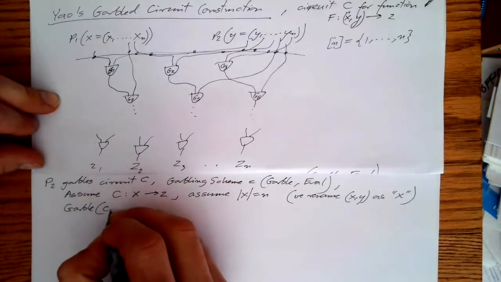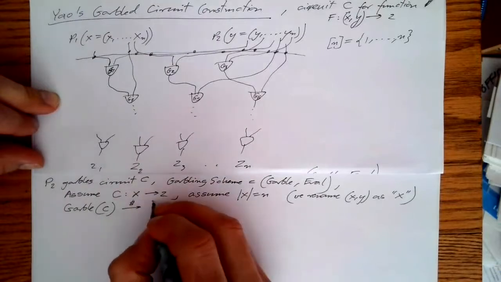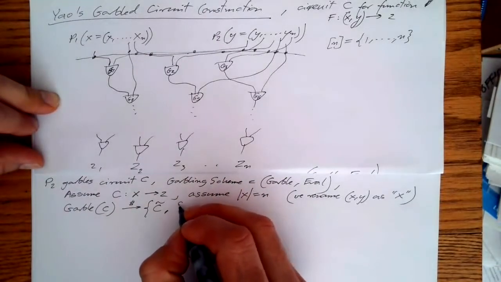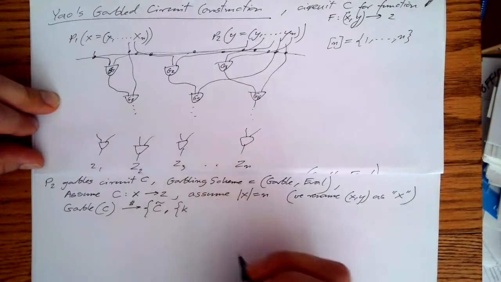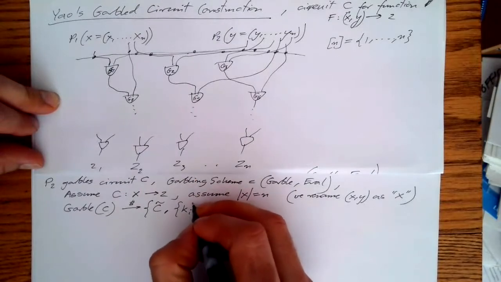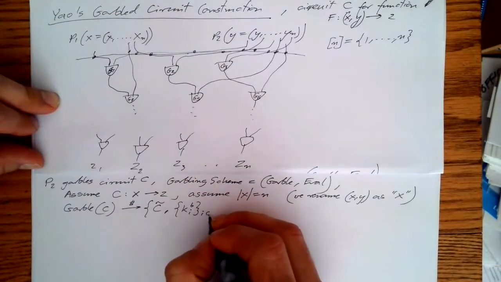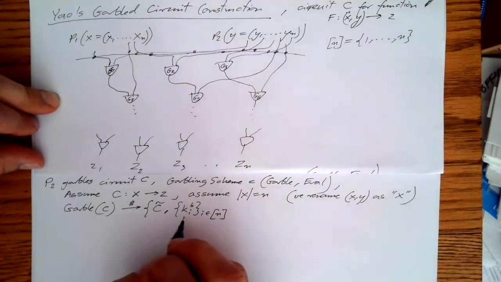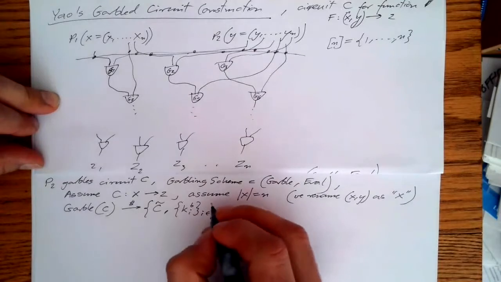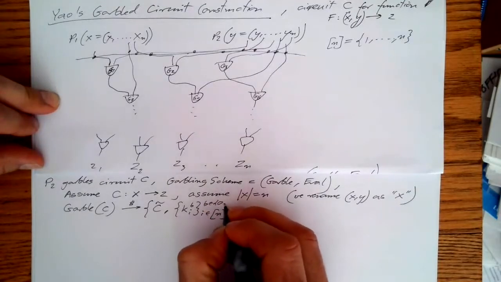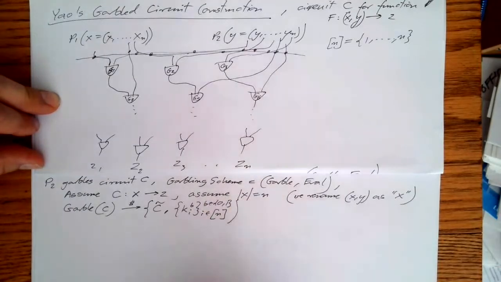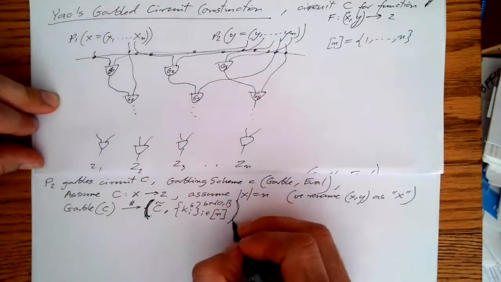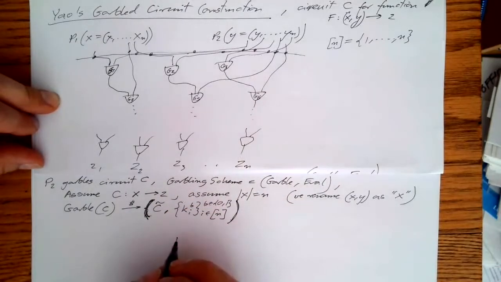The garbling of the circuit is a randomized procedure that creates a garbled circuit and a set of keys. For every input wire to the circuit, I create two keys, one for bit 0, one for bit 1. Okay, so these are the two outputs of the garbling.